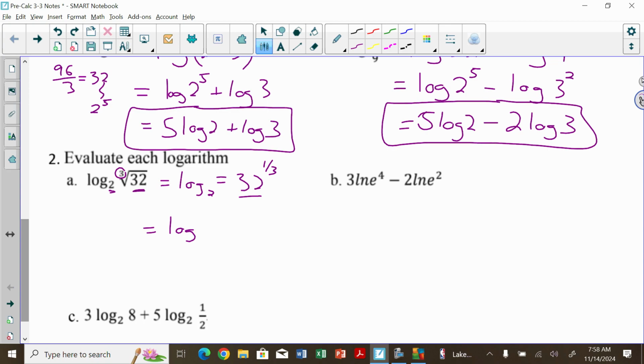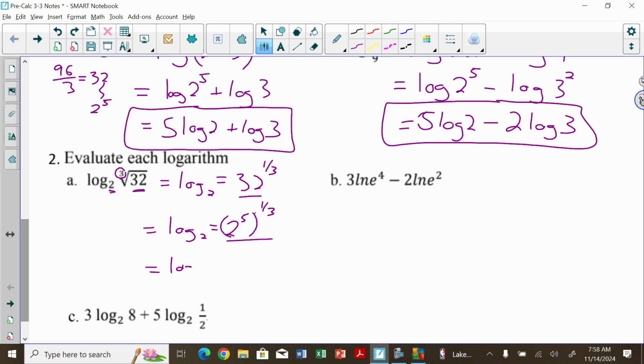So log base 2 equals 2 to the 5th power, and that goes to the 1/3 power. My exponent rules tell me I can multiply 5 times the 1/3.